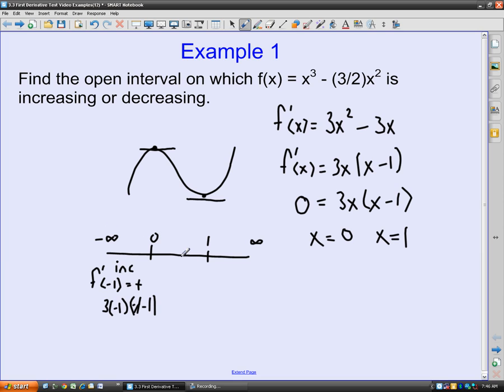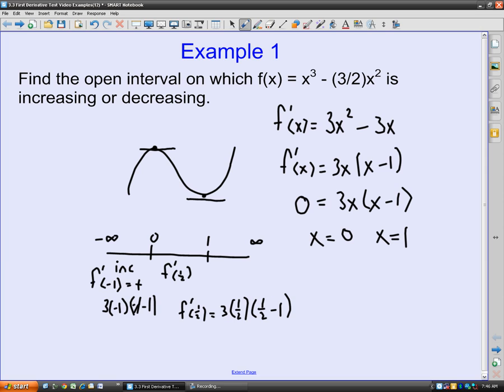Then I've got to pick a number between 0 and 1. I'm going to pick a half, so I'm going to do f prime of a half and plug it into the derivative function. That's 3 times a half times (a half minus 1).